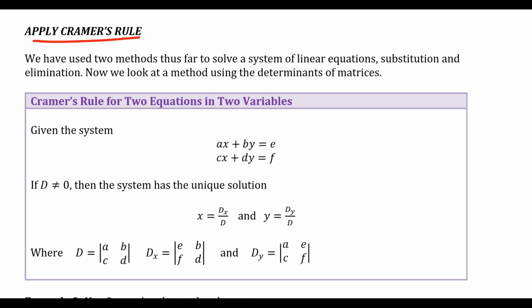Then we're going to find D sub x, which is the determinant where we replace the x coefficients with the results, E and F over here. Notice my y coefficients stay. This is for D sub x. For D sub y, my x coefficients stay, and I replace the coefficients of y with my results.